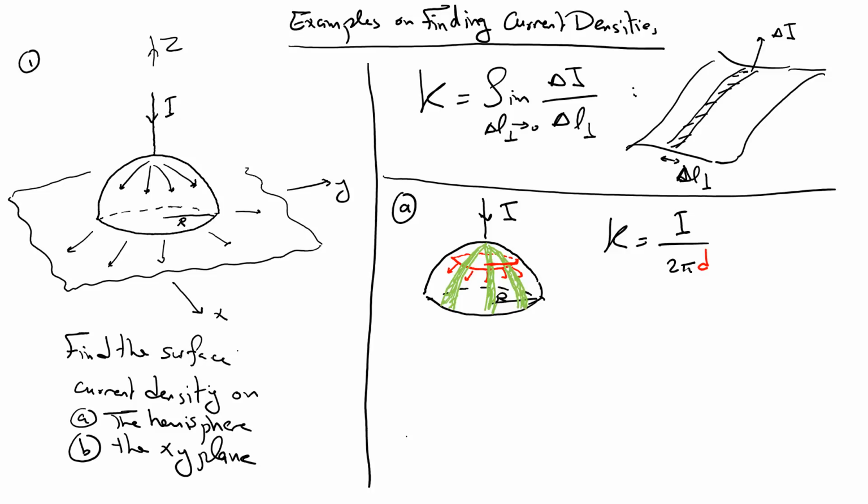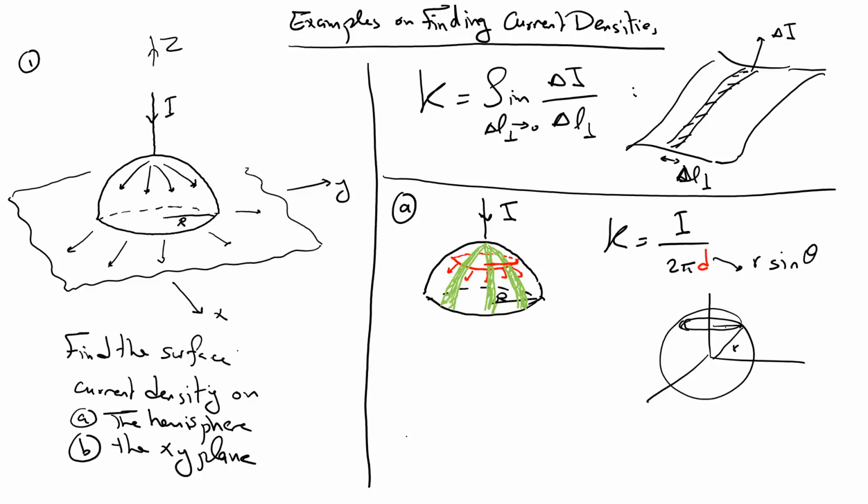So how can we write this d? I'm going to leave it for you to convince yourself that you can write this as r sine theta, where theta is the angle. Let me draw it. This is our ring here, and this is r.